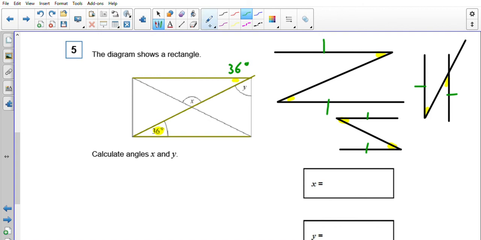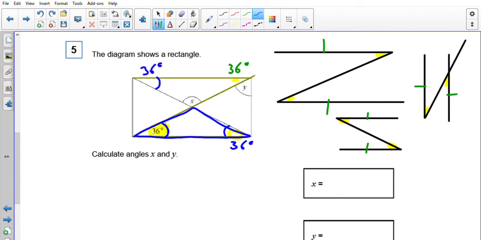Yes. If I know this angle here, I know this angle here, because this triangle inside my rectangle is actually an isosceles triangle, which means that the two corner angles are going to be the same. So this is 36 degrees, which actually means that this is 36 degrees as well.